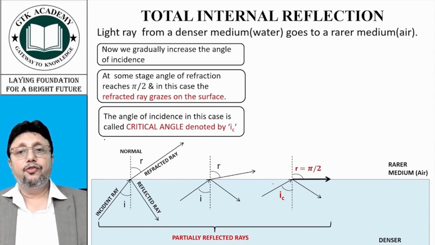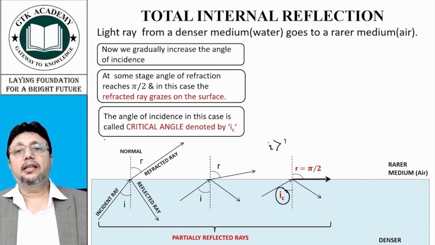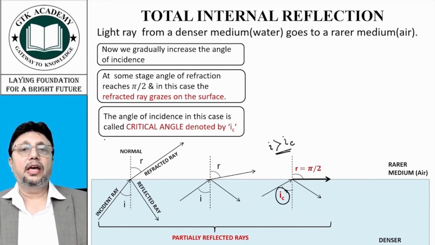Now, if we increase the angle of incidence more than this critical angle, what happens? If angle of incidence I is greater than this critical angle, what will happen? Can you guess? Just pause this video and guess. I think some of you might have guessed it correctly.